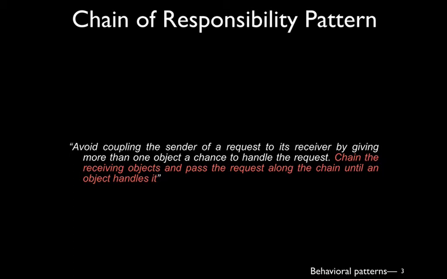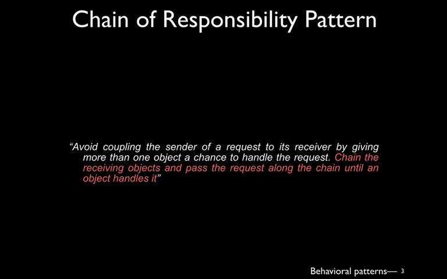So for example, you might provide a particular object and say, well, I want this to be propagated, so we may be passing this down the chain, and any of the objects in the chain may potentially handle it. Or if it doesn't want to handle it, it could simply pass it along to the next object in the chain.